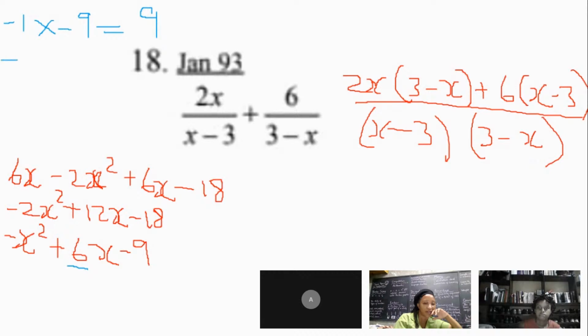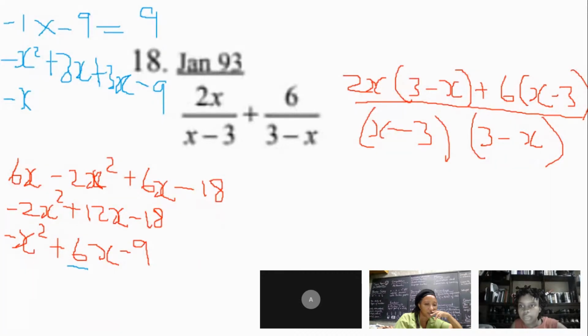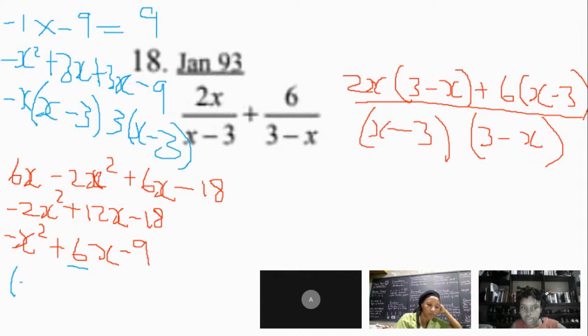All right, so it will be negative x squared plus 3x plus 3x minus 9, and that would factorize to give what? Negative x plus 3 and x minus 3.